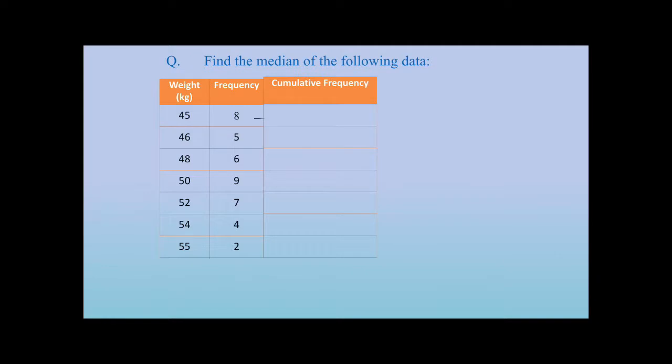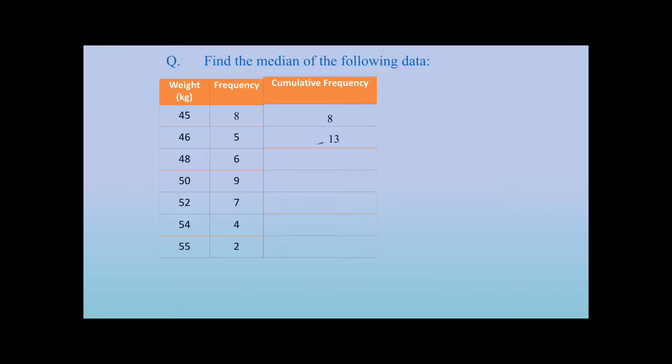So the first cumulative frequency will be 8 as it is. That means the first 8 numbers in the data will be 45. Now adding the next number 5 to 8, we get 13, which means from the 9th observation till the 13th observation, the numbers in the data will be 46.